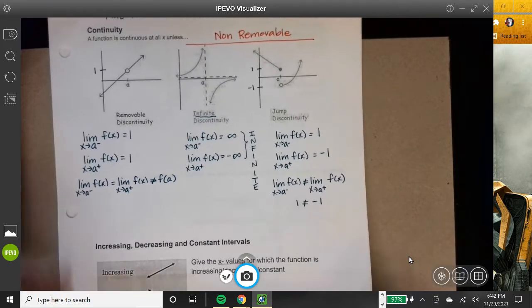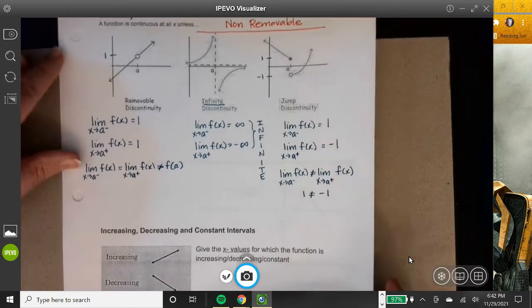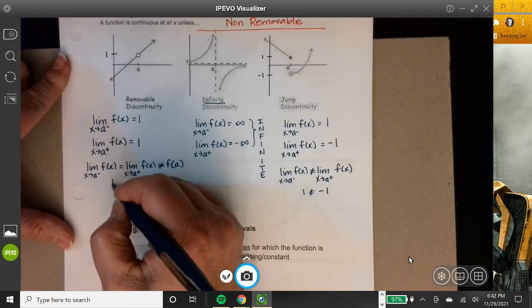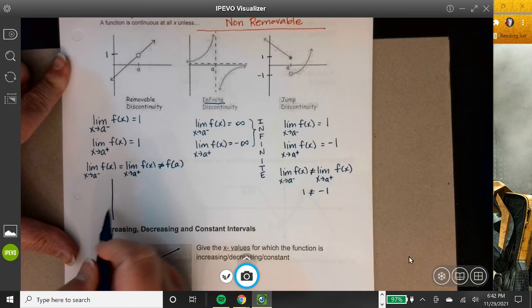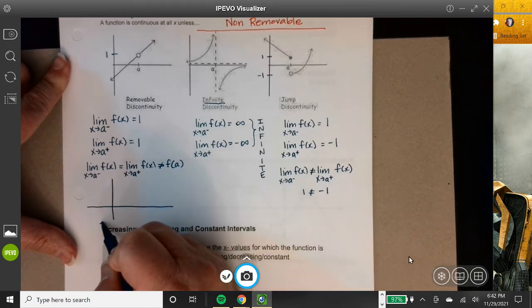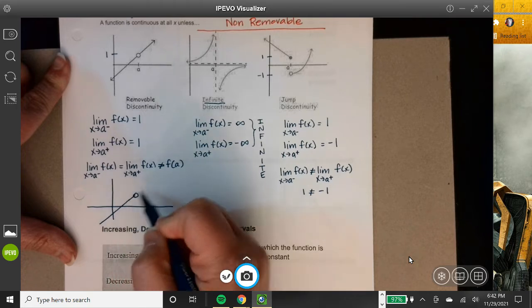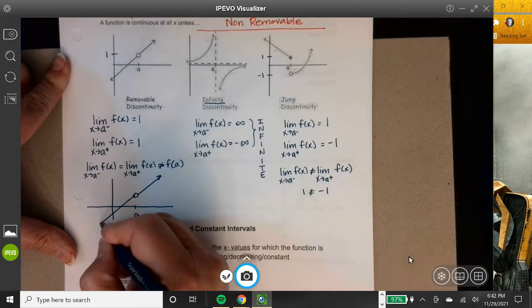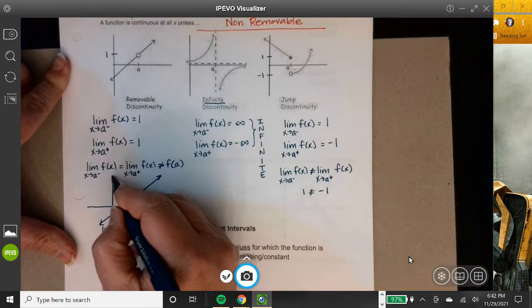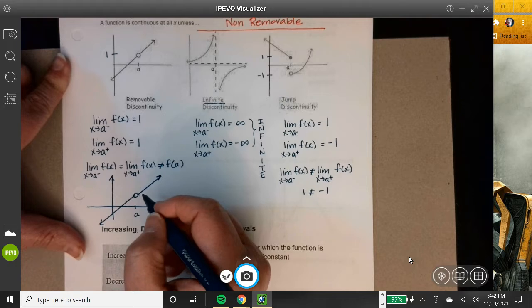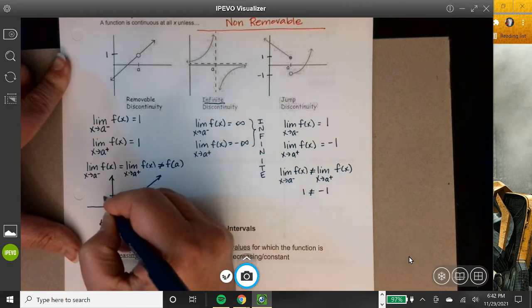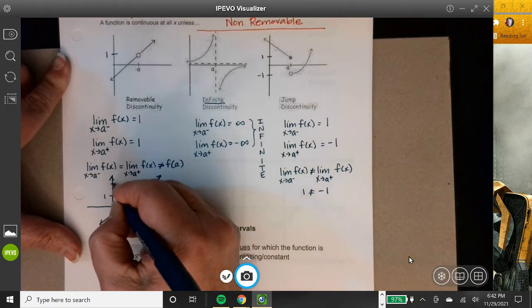Now, there's a special case of a removable discontinuity I'd like to talk about, so I'm going to graph it really quickly here. Let's say we have a similar function, and I'm going to try to make it look similar. And I have an open dot at A like I have above there. Now that's removable, but you can also have a removable discontinuity where I have not at 1, I have a point, but let's say I have a point at 2.